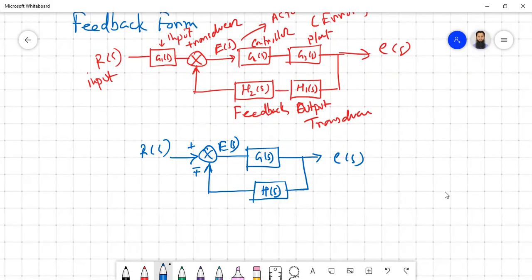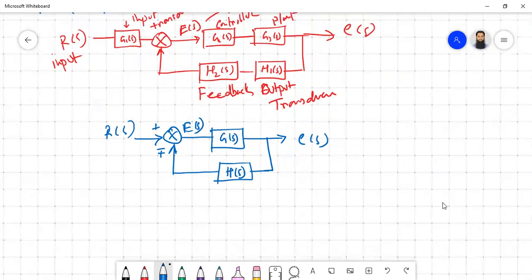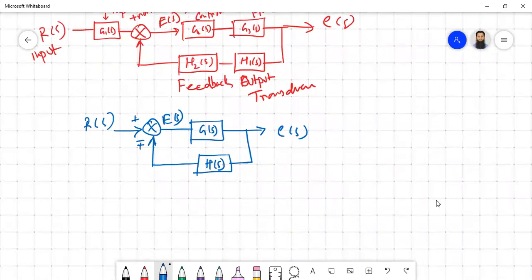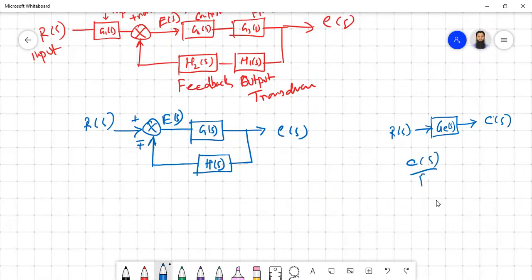What we are actually interested in is to find out a relation between your RS and CS with a single block. This is our intention out of this feedback network, to find out the relation between CS by RS. That is your equivalent model.